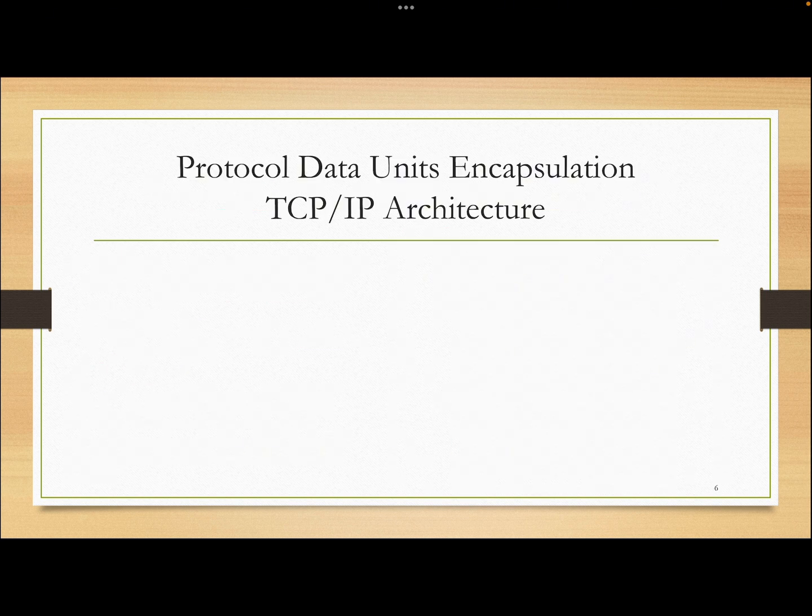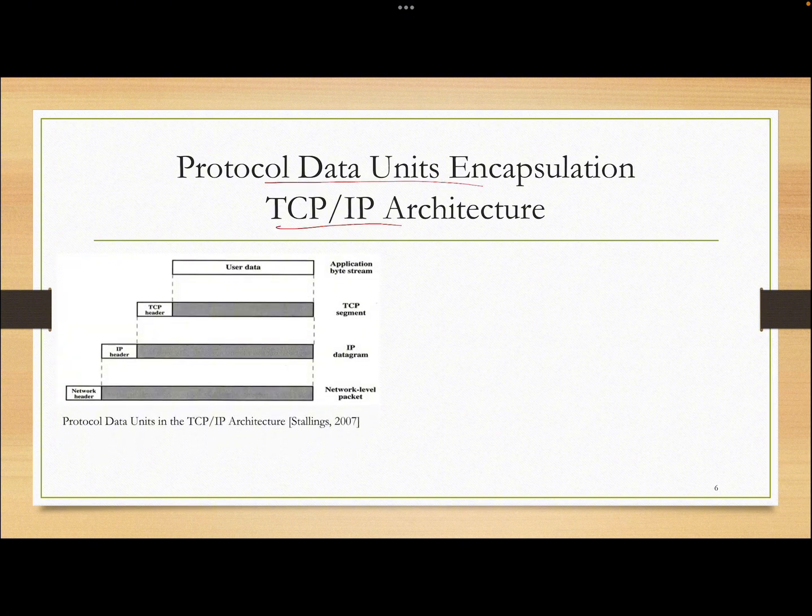Now, how do we encapsulate protocol data units for the TCP/IP architecture? To see the simple structure, you have this picture here. You have user data. This user data goes down from the application layer to the TCP layer. This is called a TCP segment.